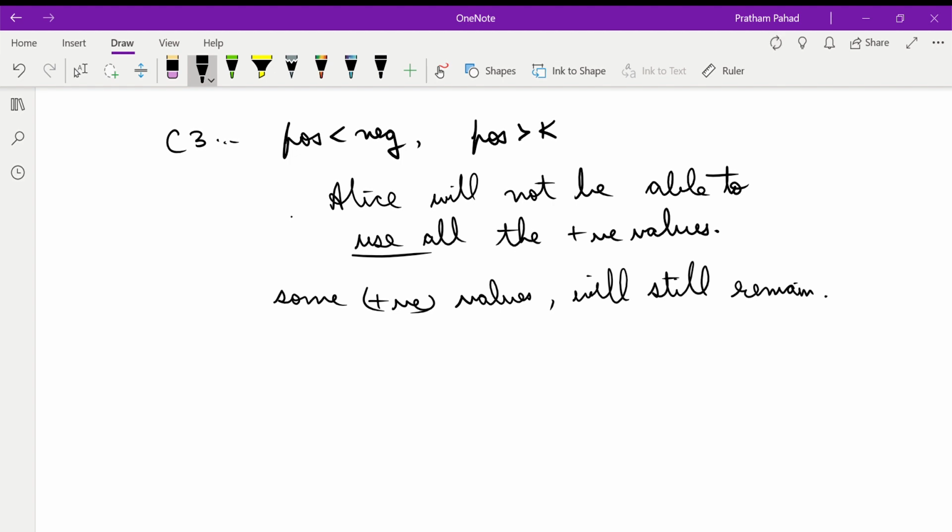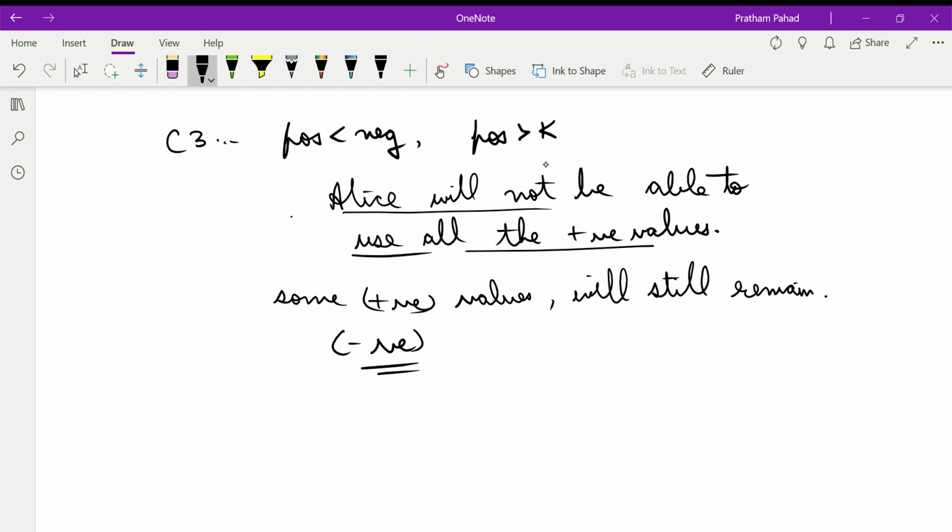Meanwhile, when Bob starts using the values, he will use the negative values. Since he will use the negative values, our ultimate answer will be negative only, because Bob will select all the negative numbers, and Alice will not be able to exhaust all the positives. That means the chance of getting a negative value is more.